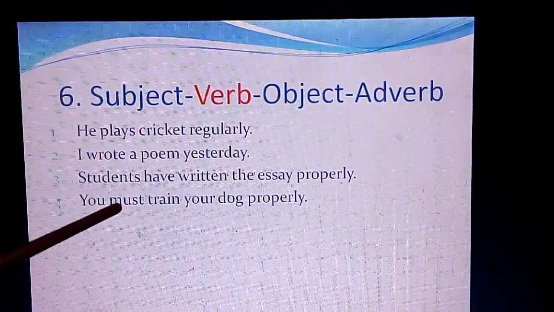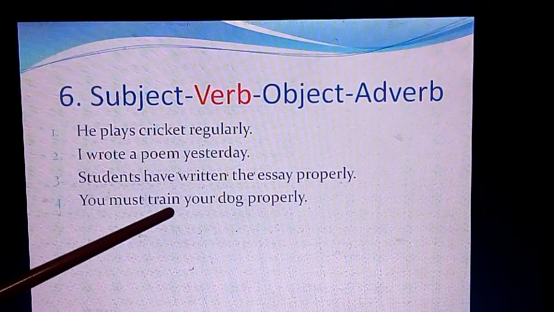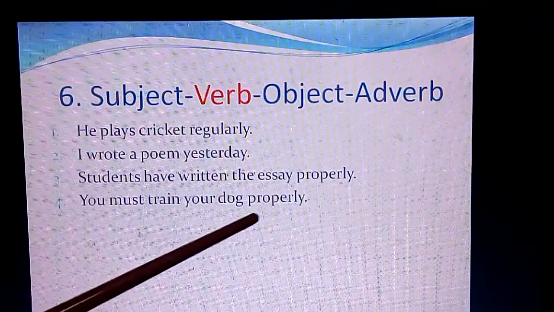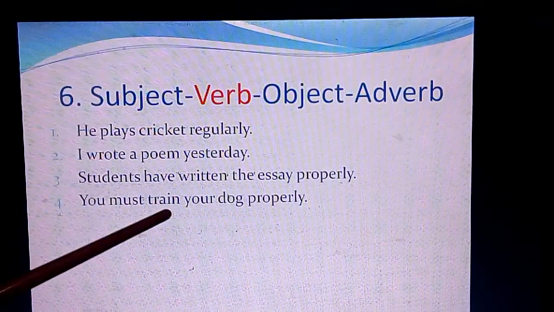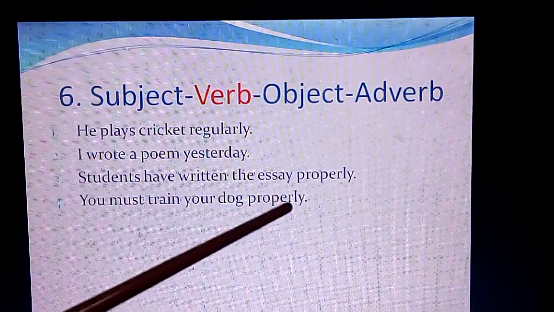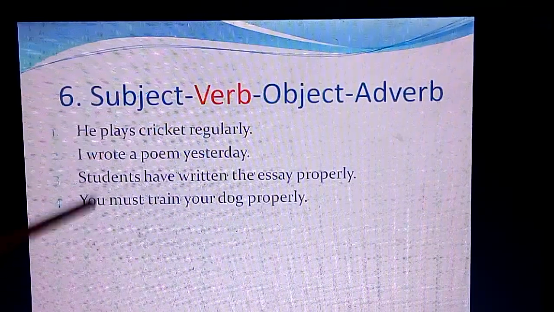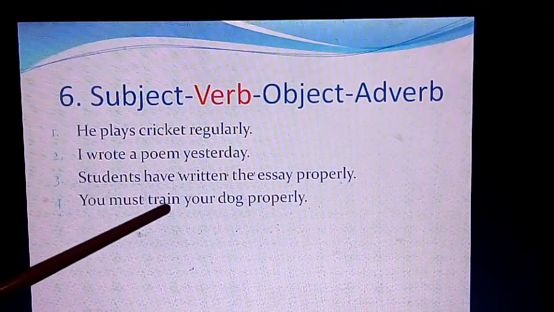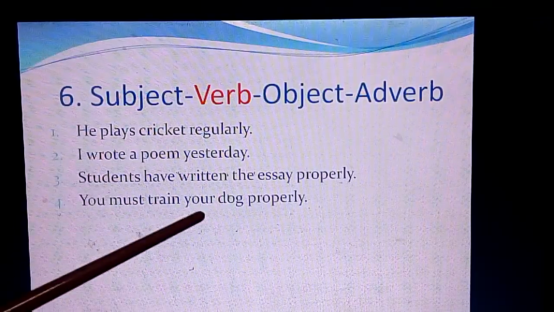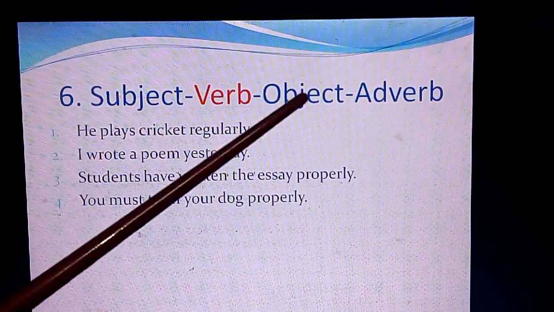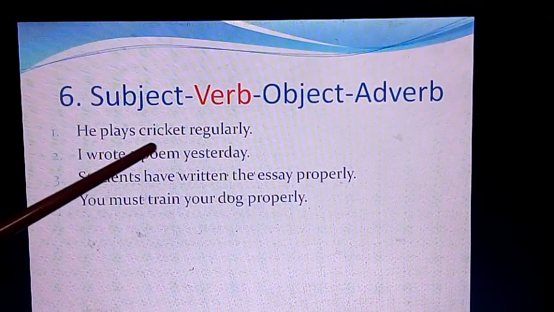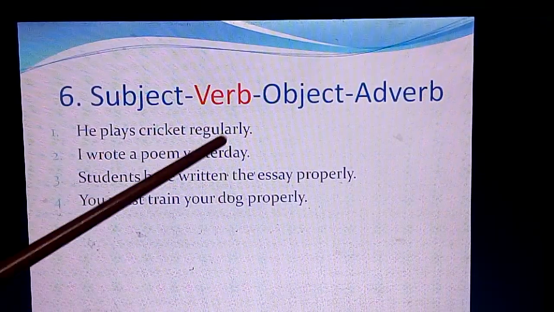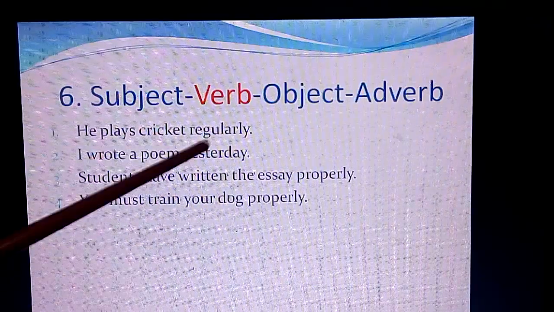So you must train your dog properly. You is subject, must train, verb, and your dog, object, properly, adverb. So you can see that everywhere it is the same structure.